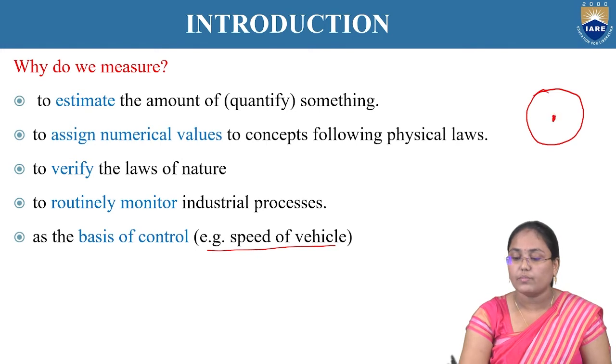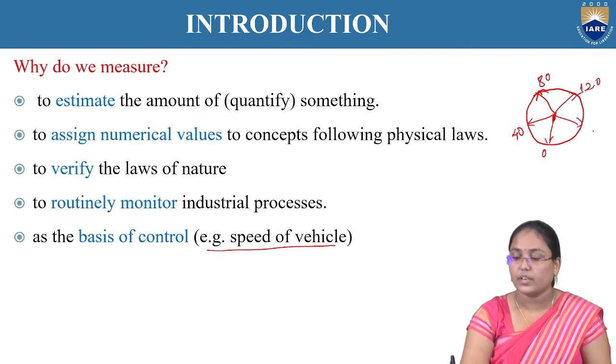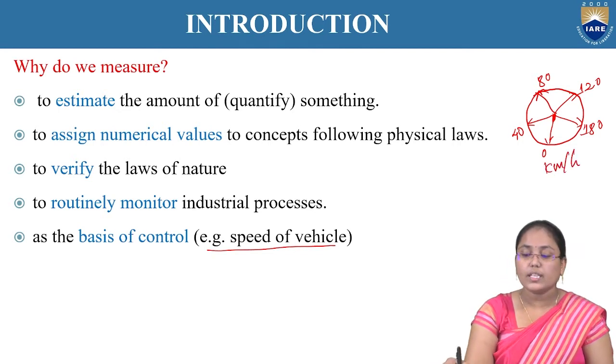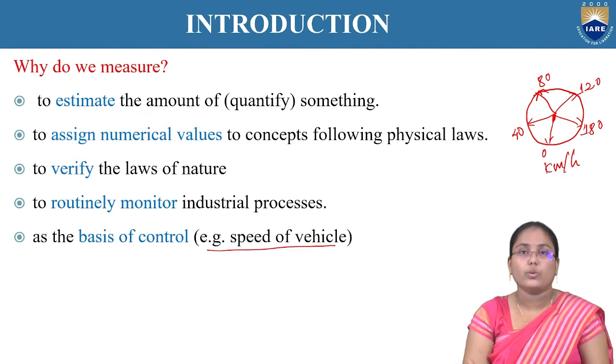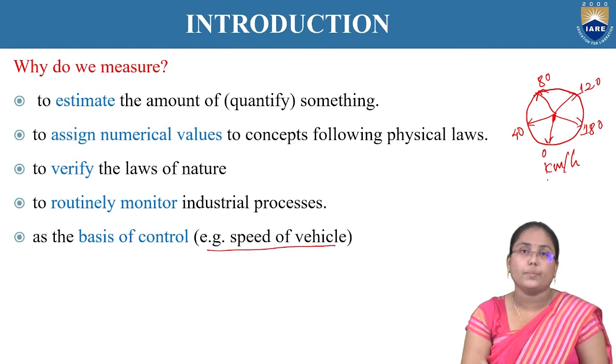So when we are measuring, for example, this is pointing to 0, here it is pointing around 40, here it is 80, 120, and here 180. This is nothing but kilometers per hour, measuring the speed of the vehicle. Whenever we are moving on any road, we look at the meter.